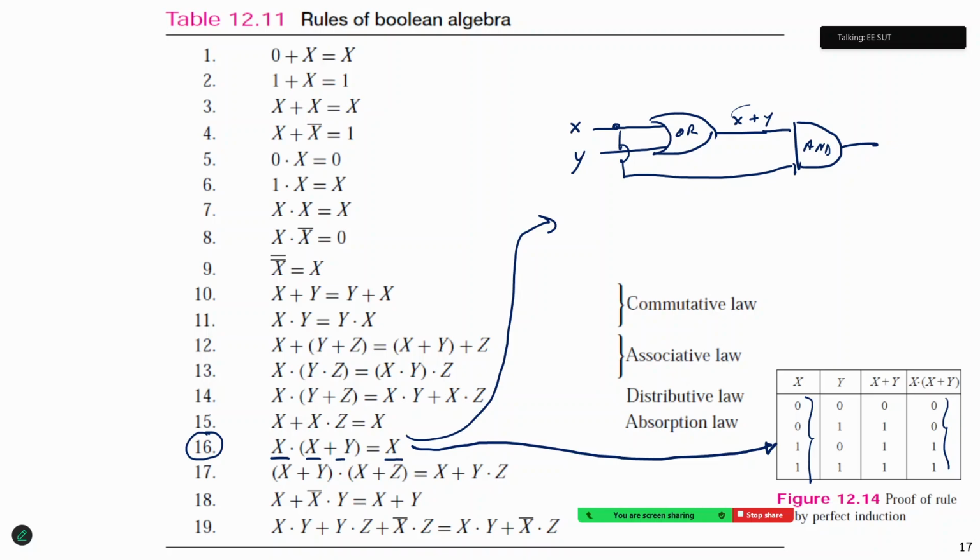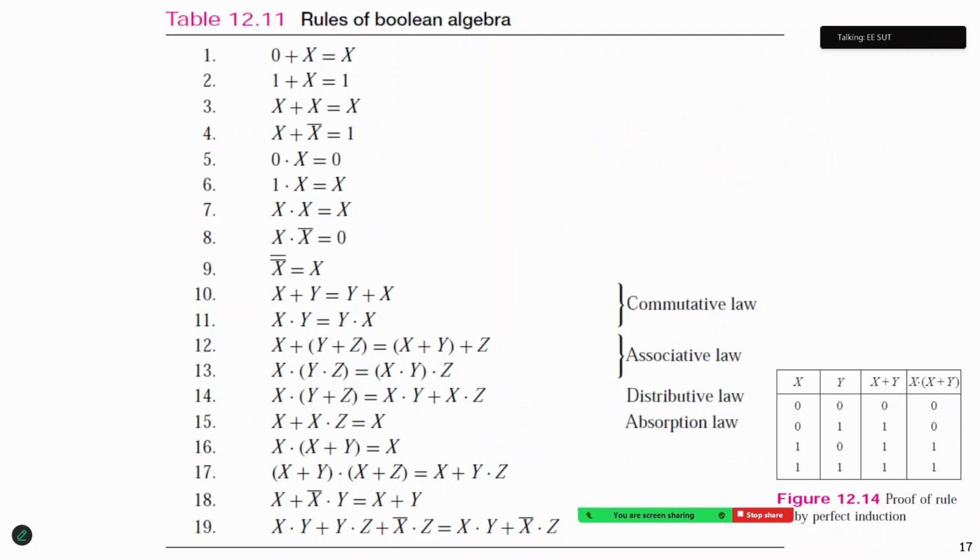So I would like you to try something. For example, if we have X, Y, Z, how to draw X and Y plus C? If we have X, we have signal Y, we have input C. How to draw X and Y or C?